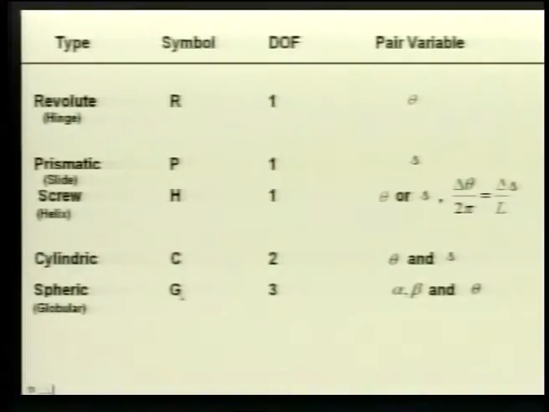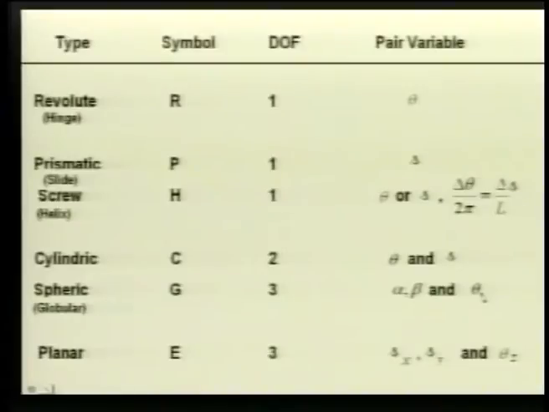The symbol for spheric pair we are using is G. To remember this G, maybe we can remember the spheric pair we can also call a globular pair, and G is the first letter used to represent the symbol of a spheric pair. Here the degree of freedom is 3, and the pair variables as shown in that sketch were alpha, beta and theta.